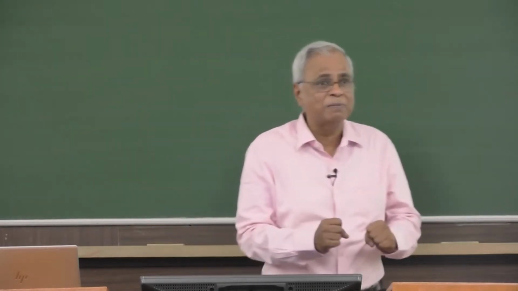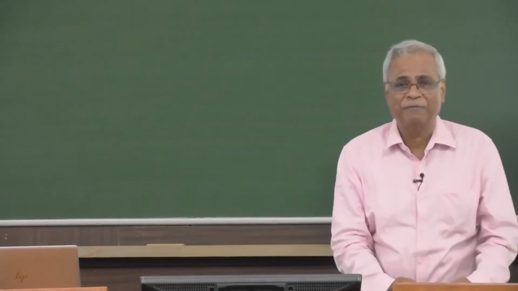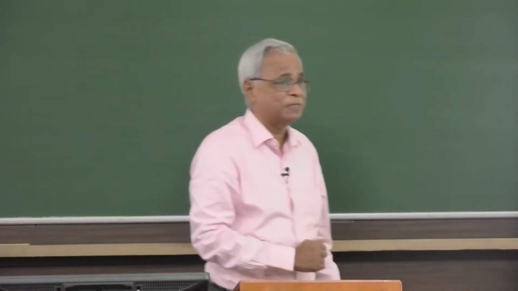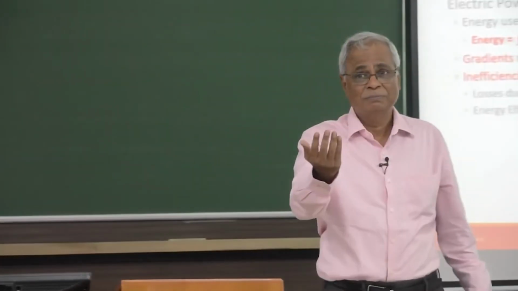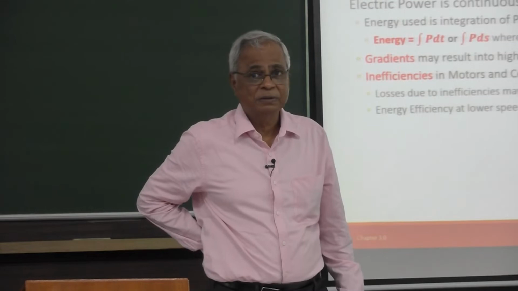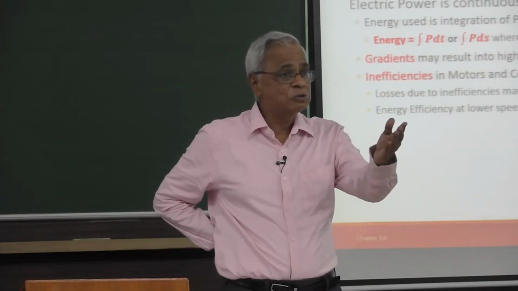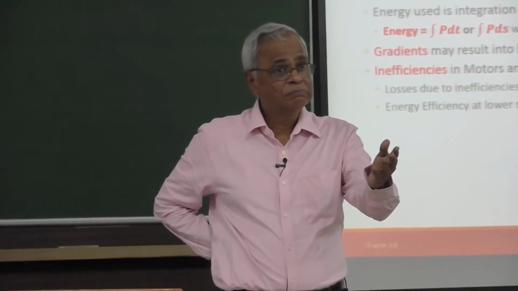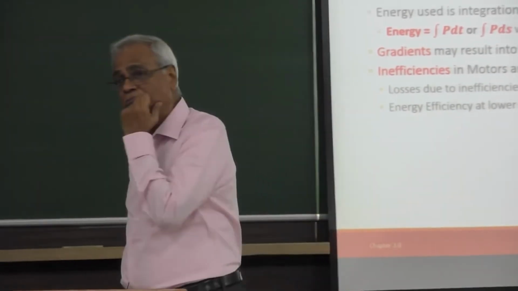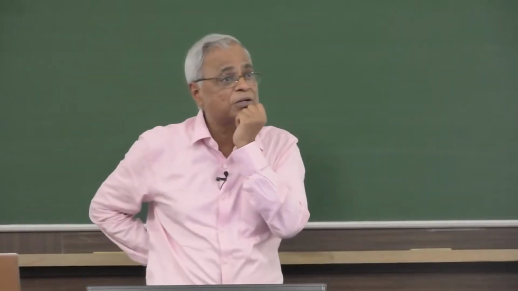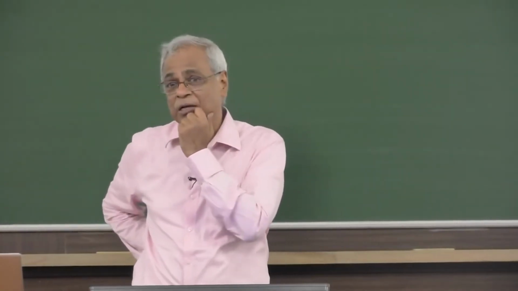The problem comes, the motor that I have in my electric vehicle has high efficiency close to 90% at motor and controller at 55 kilometer per hour. But once it comes to 20 kilometer per hour, almost 30 to 40%, 35% loss, 40% loss, 30% loss.